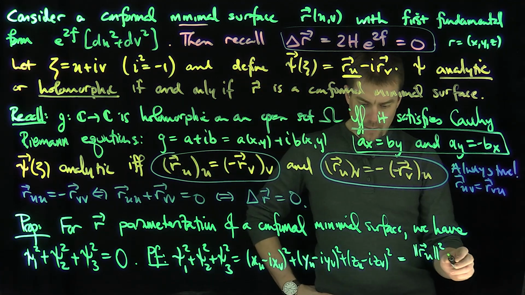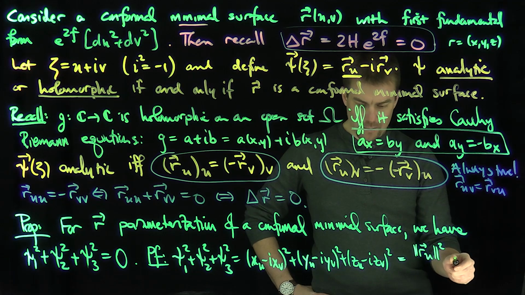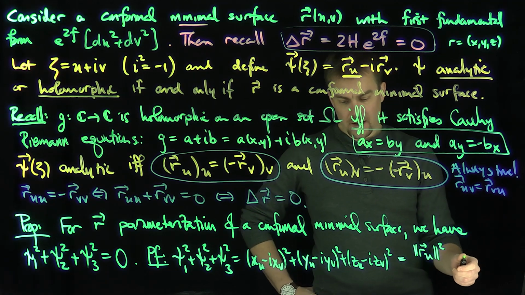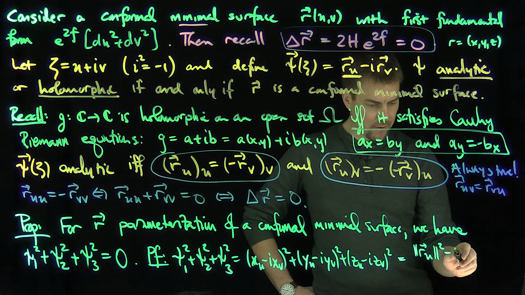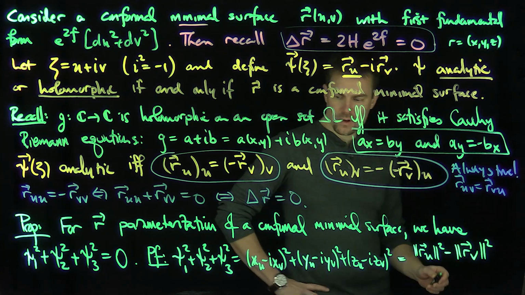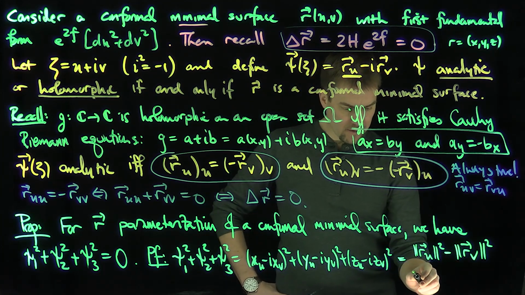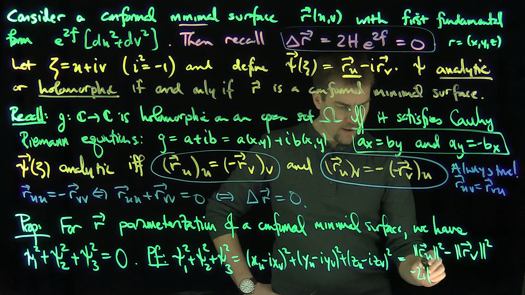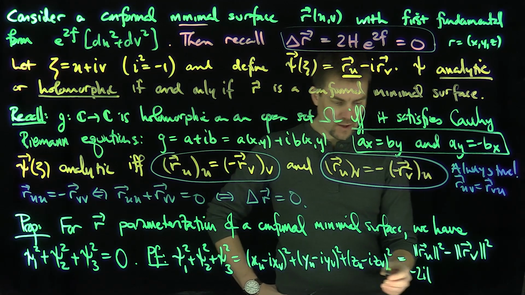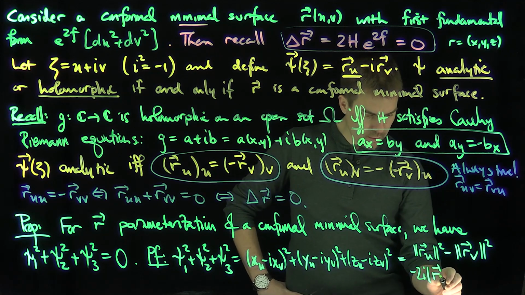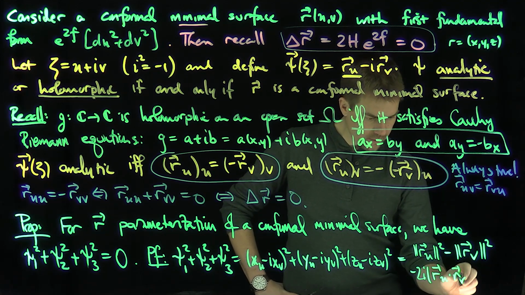That's going to be, well, I have i squared is negative 1, so it's going to be a negative, and then that's going to be the length of R_v squared. And then what are the mixed terms going to be? The mixed terms are all going to have a negative 2i, and then it's going to be x_u x_v, y_u y_v, z_u z_v. That's just going to be R_u dot R_v, right?